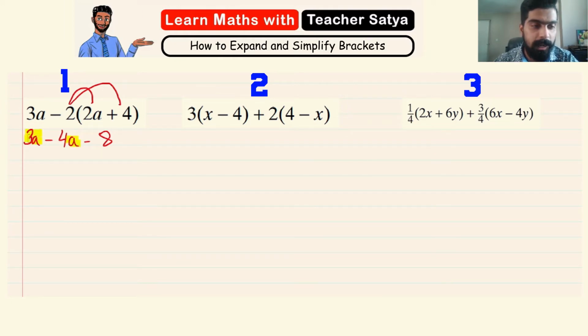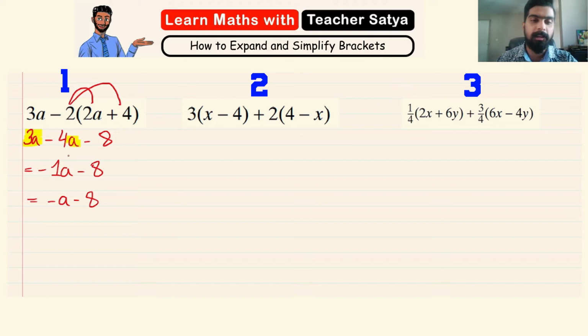So 3a and -4a are what we call like terms, so we can add or subtract them. Now 3a minus 4a is going to give us -1a, remaining with -8. And usually in algebra, we will not write it as -1a, we will just write it as -a minus 8, because the coefficient in front of a is already 1 by itself.